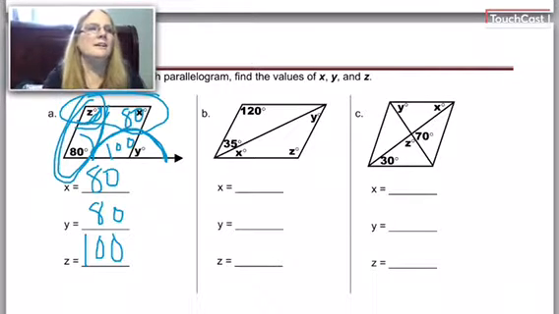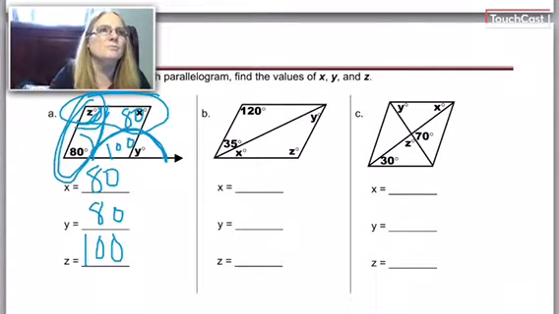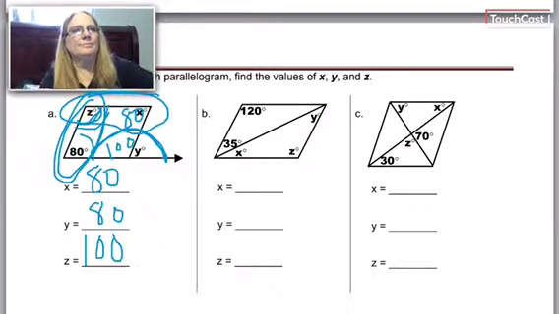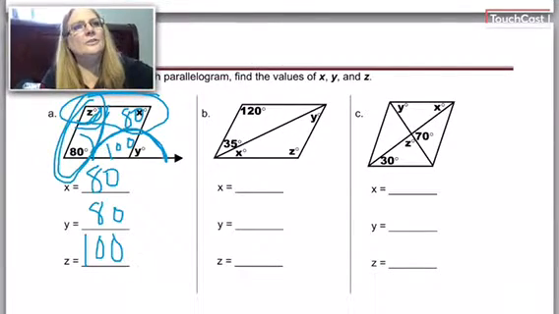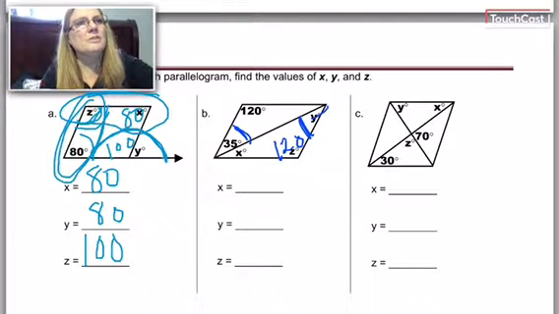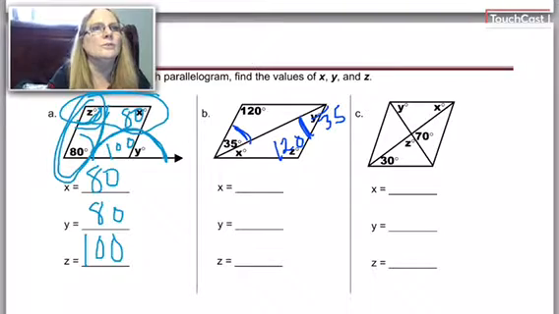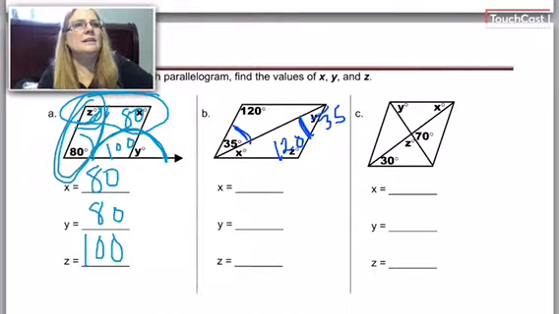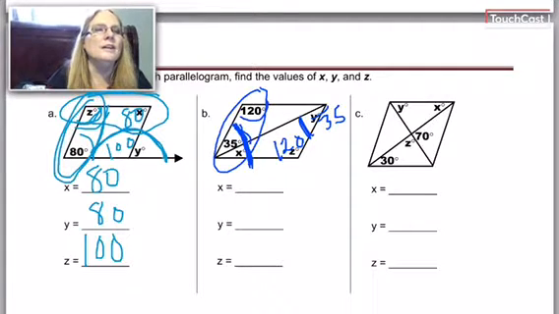Okay, let's look at the middle one. And I suggest that you pause the video now and try to do BC on your own. But, okay. I would go ahead and fill in 120 and 120. And then if this is 35, this one has to be 35, because those are alternate interior angles. Now we can find X a couple different ways. One is this entire angle, these two together, and this one up here, those are supplementary because all that together has to add up to 180.